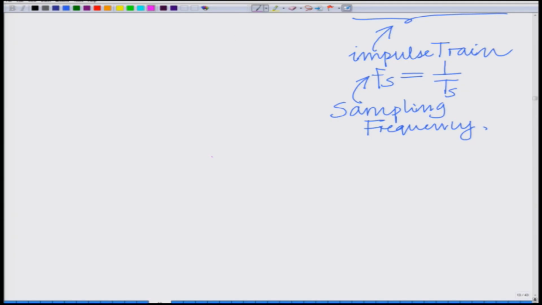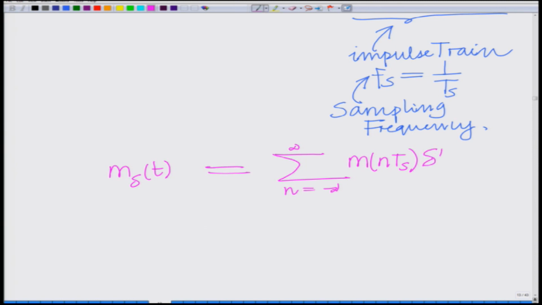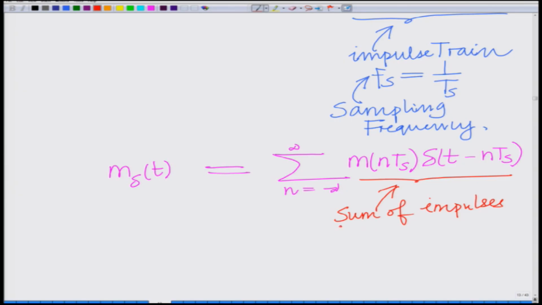So, from this impulse sampling, what we are going to get is m_delta(t) equals summation n equal to minus infinity to infinity m(nTs) times delta(t minus nTs), that is, impulse at nTs scaled by the function m at nTs.